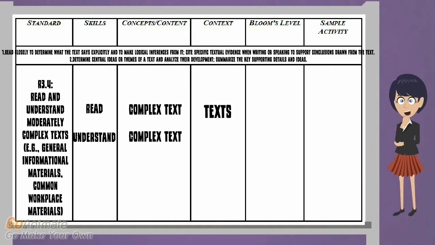Now I am ready to decide what cognitive level the students will be working on. I am looking at the verbs I have chosen for the skills column and considering the cognitive levels of each. I think understand is a lower order thinking objective, but I think read would indicate a higher order process than understanding something, depending on the task.